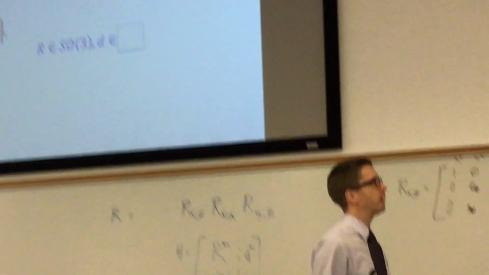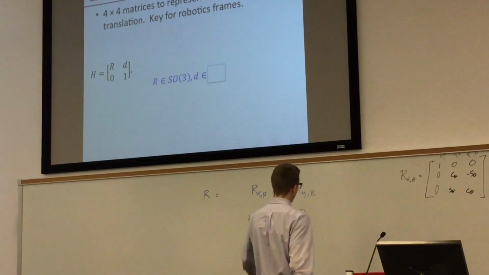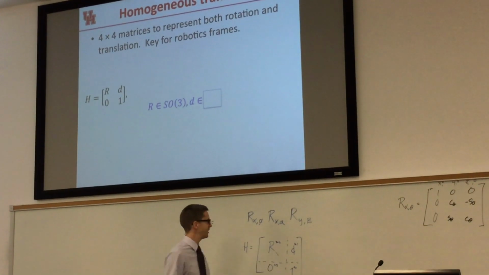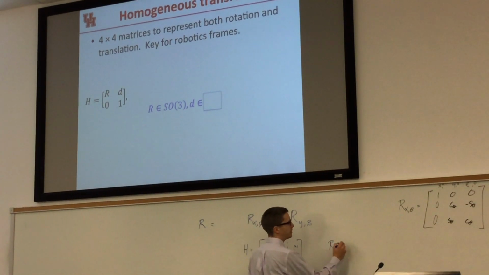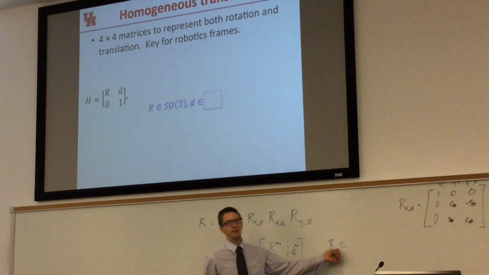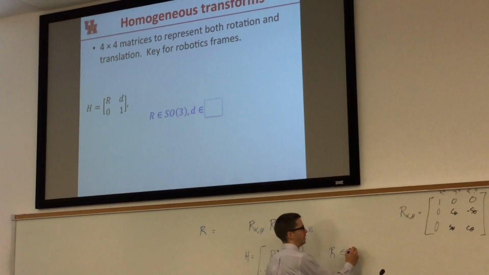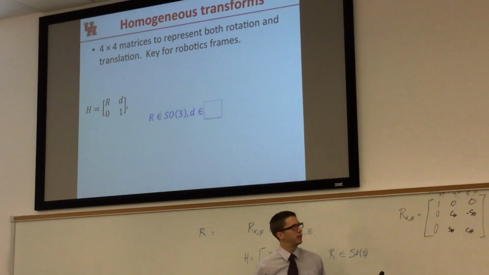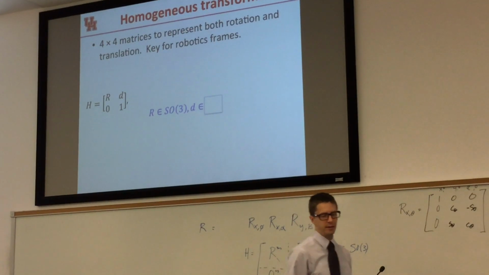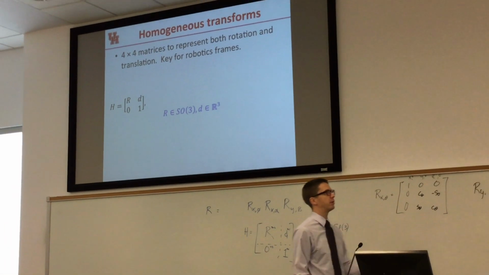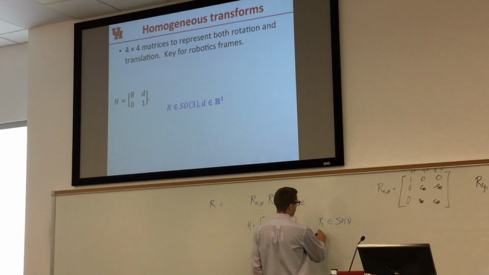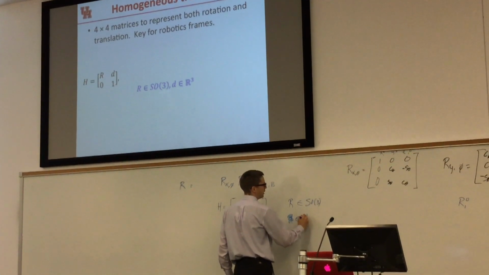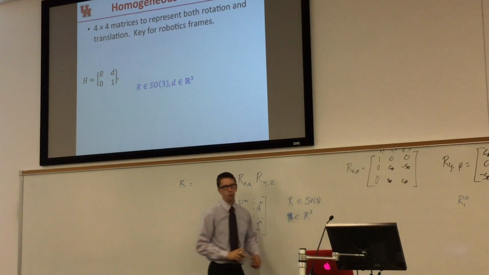And so this R, what does SO3 stand for? Special orthogonal. Yes, so this means that R is in the set of special orthogonal matrices of size 3. And then my D, in the notation, the blackboard bold says that D is in the space of real numbers, 3-dimensional space.